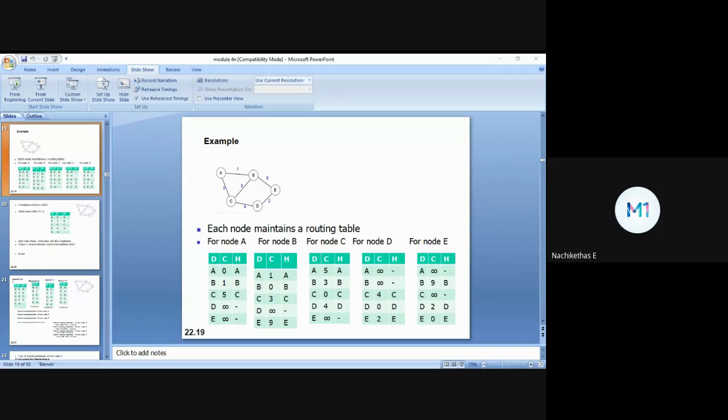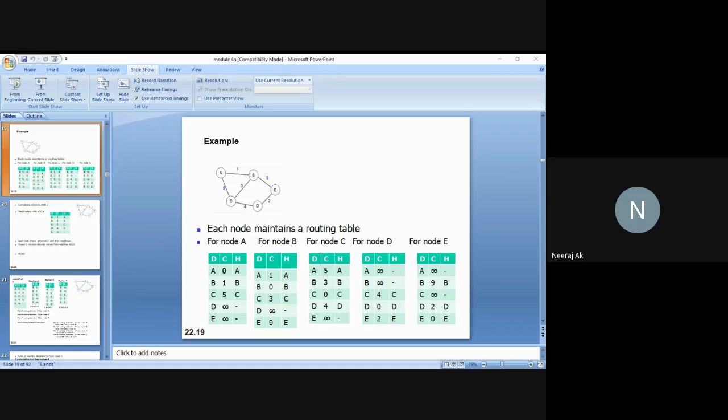Then the other one, B7C. Neeraj, tell the answer. A8C, then what is the next value? Is it B or D?